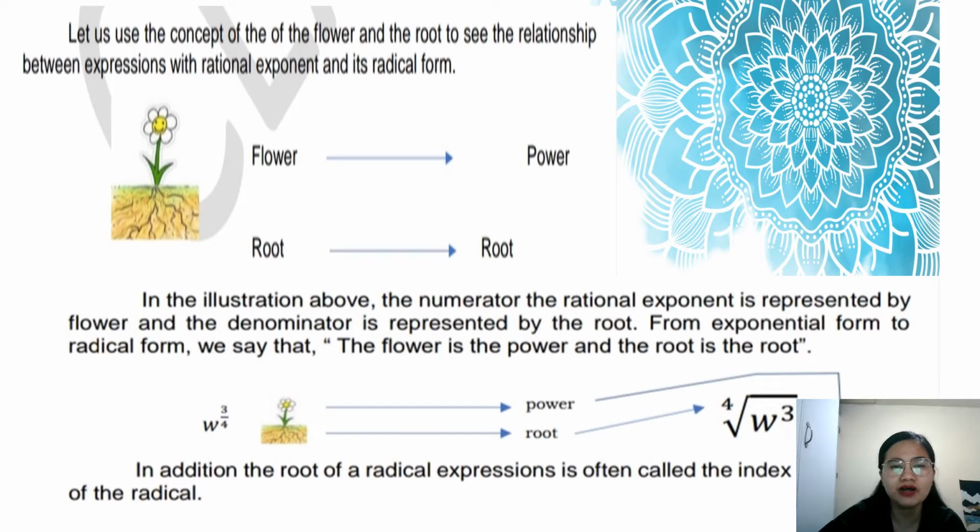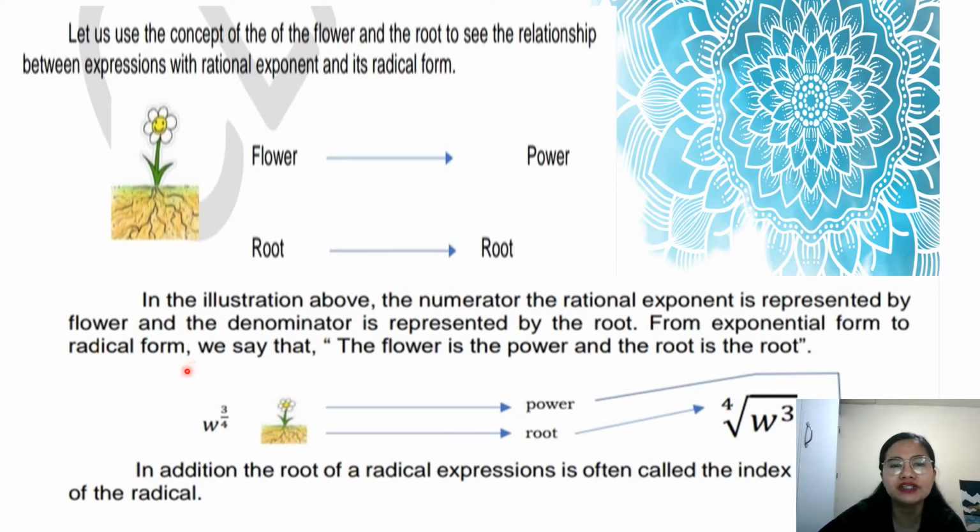Let us use the concept of the flower and the root to see the relationship between expressions with rational exponent and its radical form. So, ito po yung ating illustration. Meron tayong flower and then yung root po niya. So, flower is the power and root is the root.